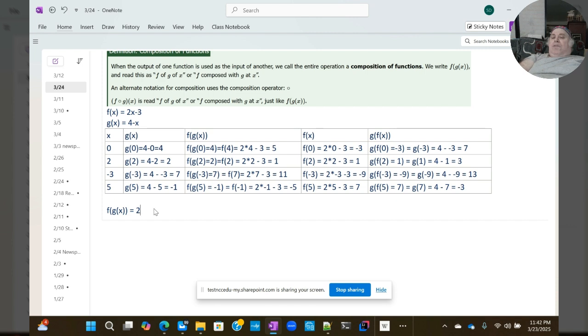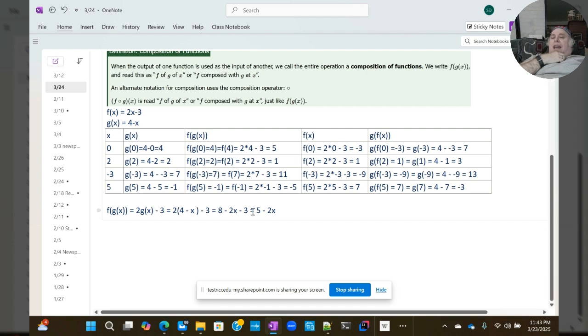So f of g of x is 2g of x minus 3, which in turn is going to be, now it's very important to put g of x in parentheses, 2 times (4 minus x) minus 3, which in turn, now we distribute the 2, and we get 8 minus 2x minus 3, which is going to turn into 5 minus 2x when we combine the 8 and the minus 3 together. So that is the formula for f of g of x.